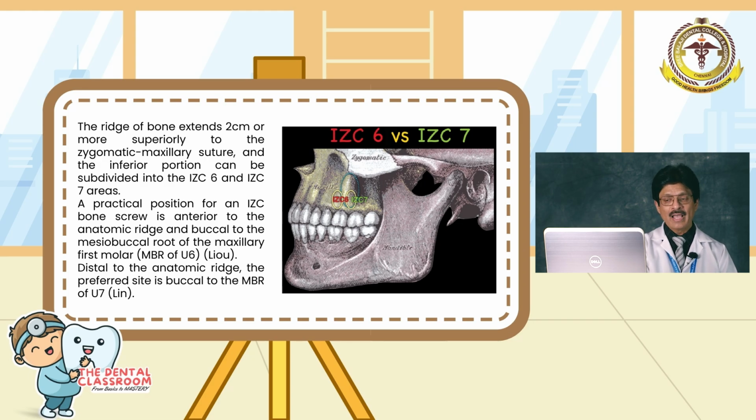A practical position for an IZC bone screw is anterior to the anatomic ridge and buccal to the mesiobuccal root of the maxillary first molar. This is according to Leo. But according to Lin, the practical position would be distal to the anatomic ridge, and the preferred site would be buccal to the mesiobuccal root of upper 7.